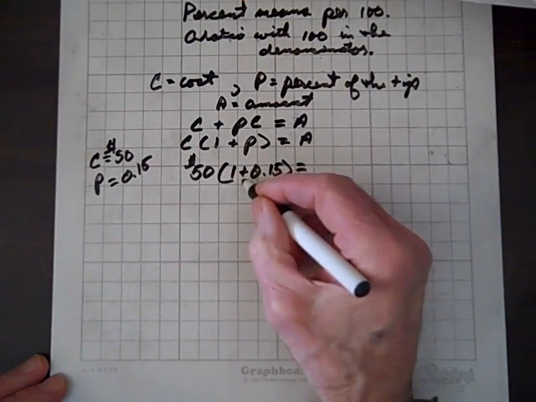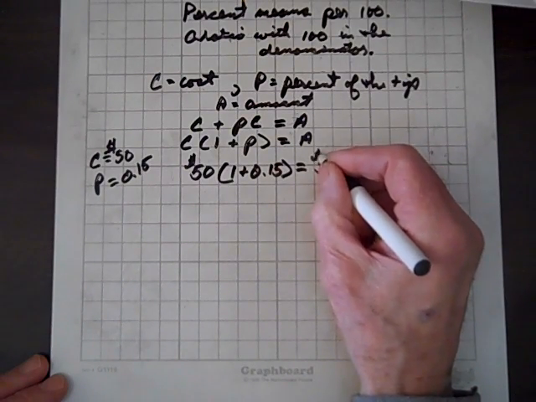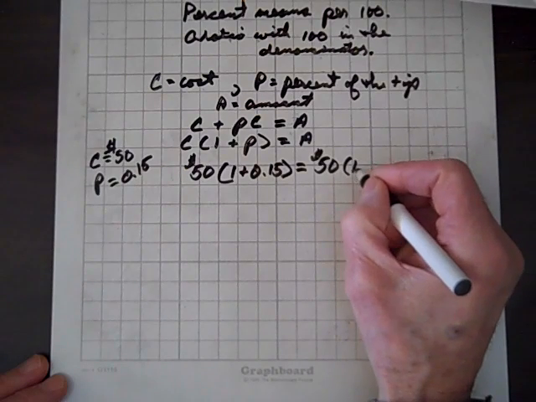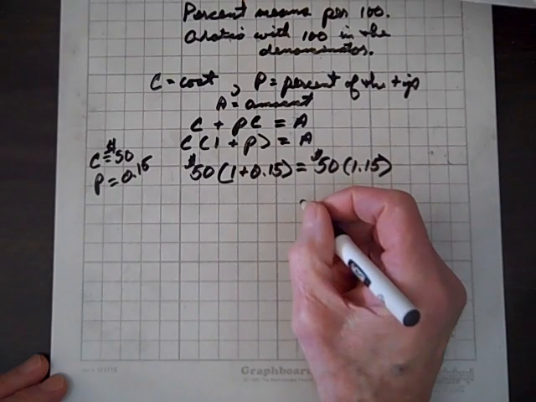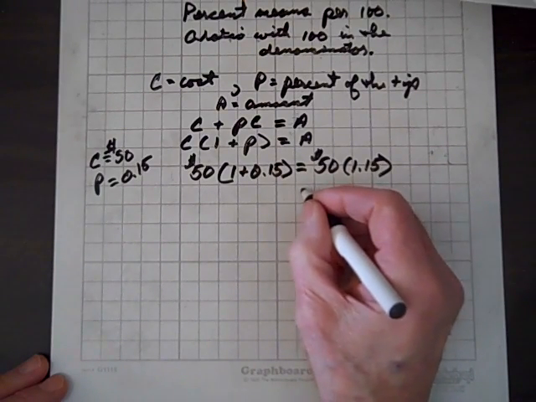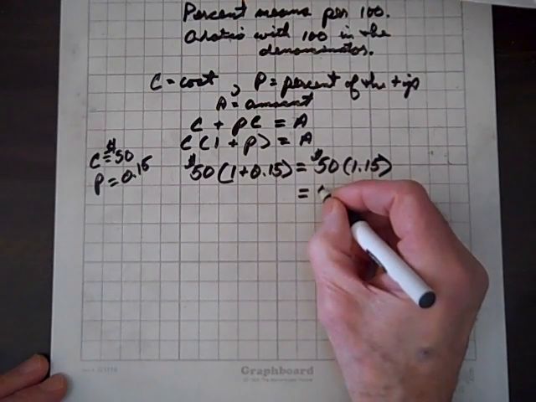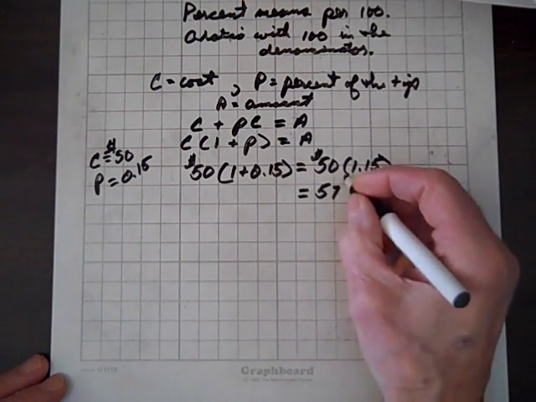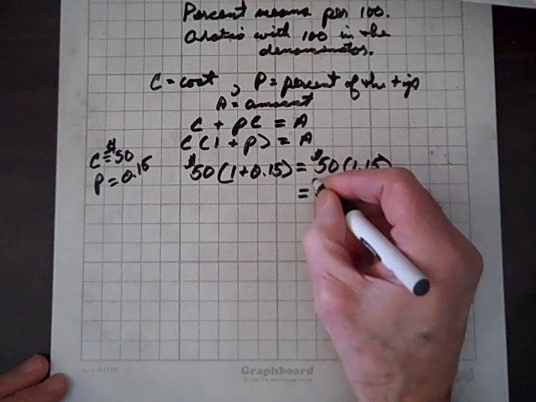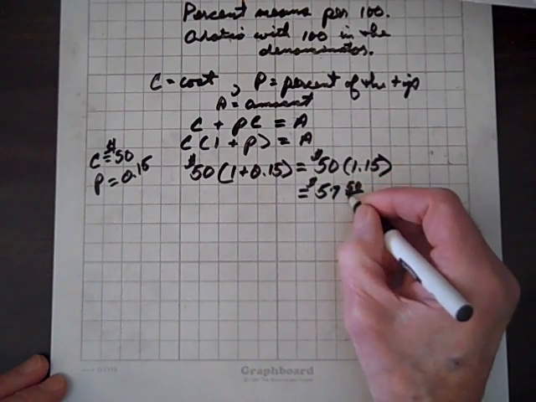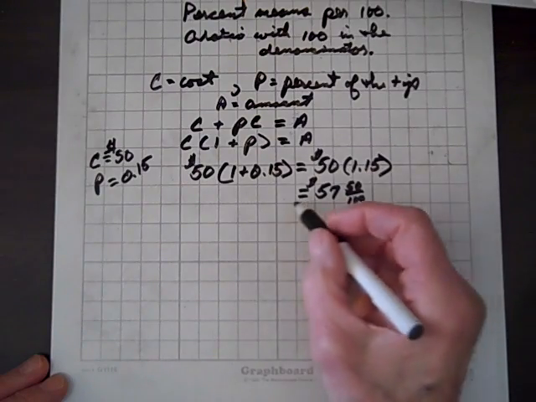And here's what I want to make clear. We can add these up, and what we get is $50 times 1.15, and that equals, when we multiply that out, $57.50. And there's our amount.